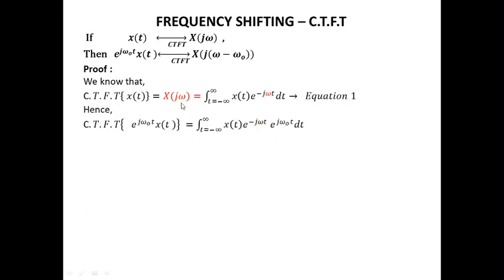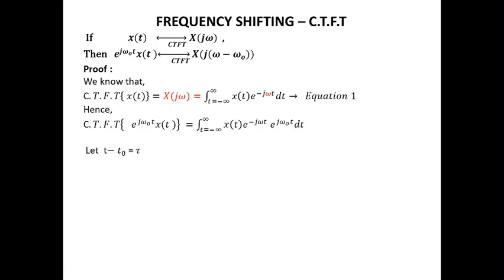So now CTFT of e power j omega naught t x of t is the integration from t equal to minus infinity to infinity of x of t e power minus j omega t, where in the place of x of t we replace it with e power j omega naught t into x of t, brought over here into dt. Now in this you can group the values of t.